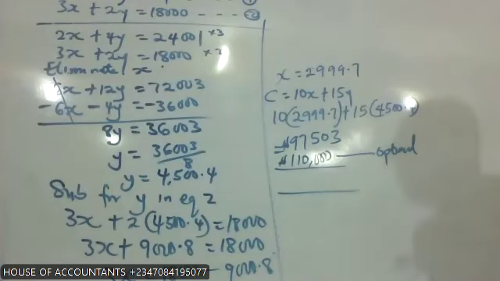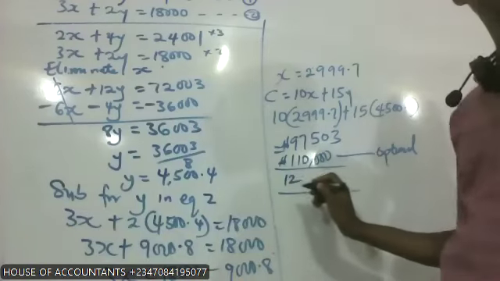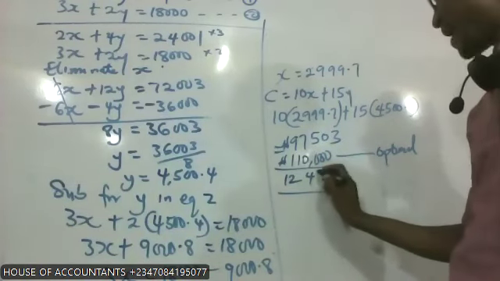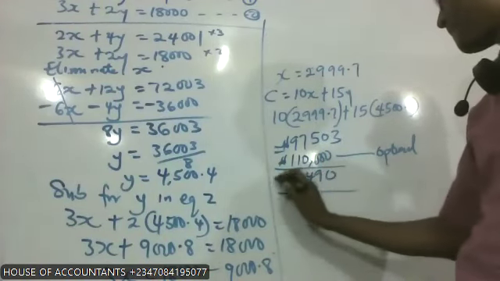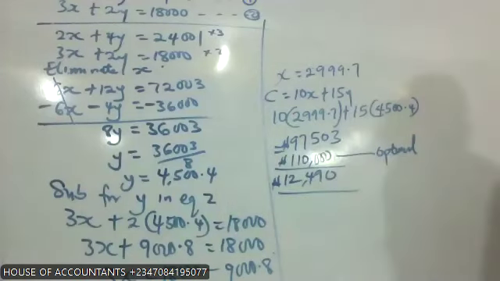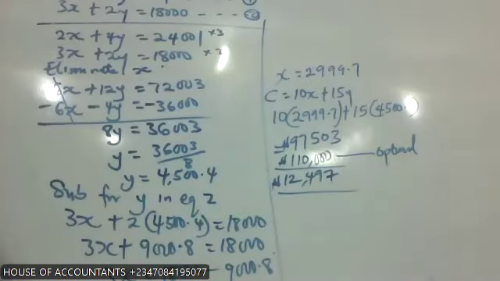What is the difference between the two? 12,497. 12,497. Any issue? No.